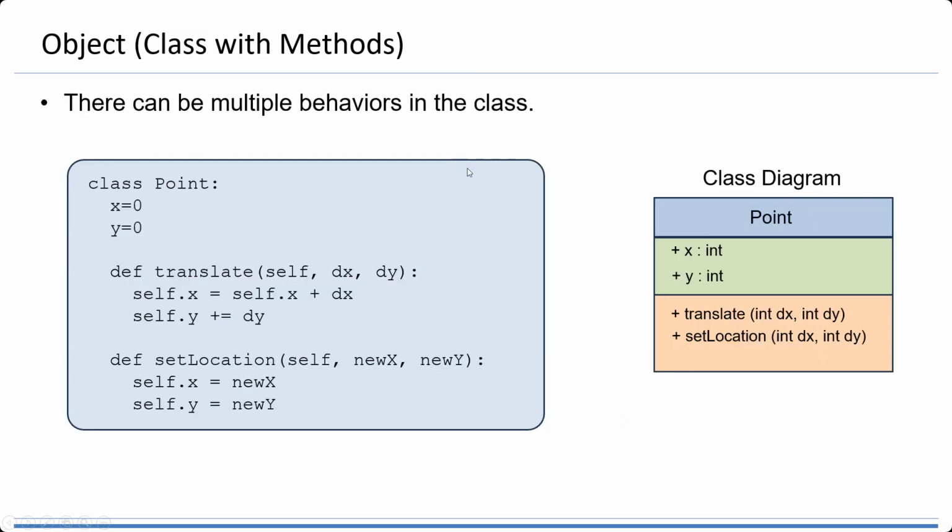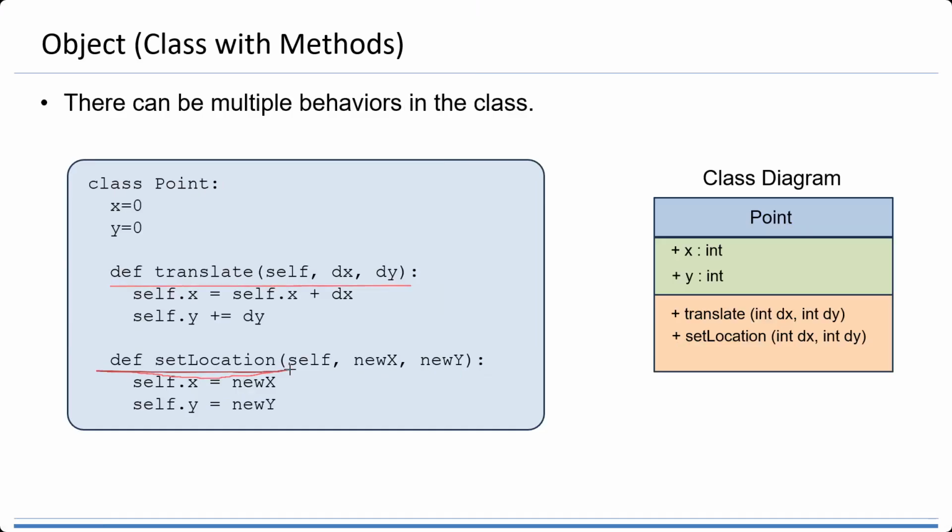There can be multiple behaviors in the class. It means there can be many functions. There can be more than one function. Now let's suppose we have the translate, which is self, dx and dy. We can have another kind of function.